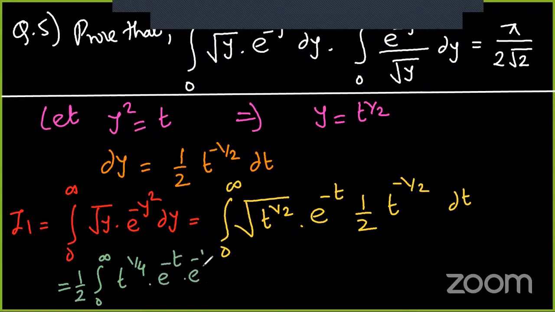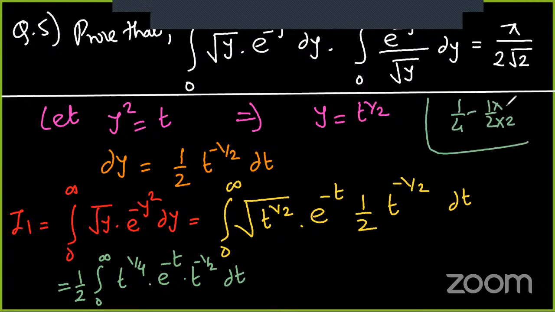So 1 by 4 minus 1 by 2: multiply by 2 so that 4 is in the denominator, so it's 1 minus 2, that is minus 1 by 4.